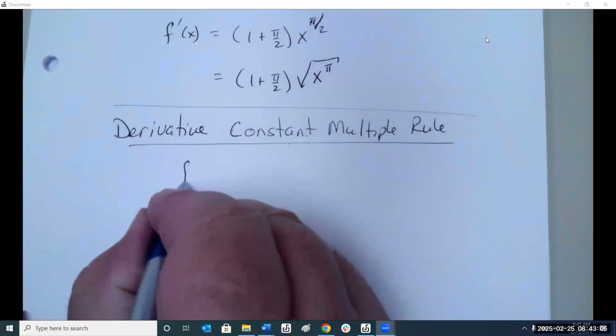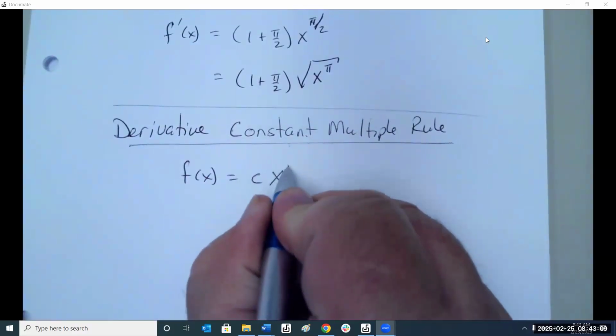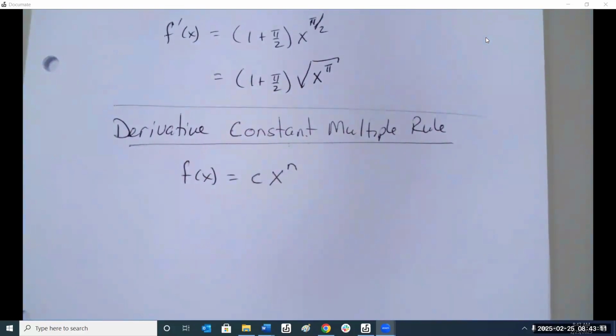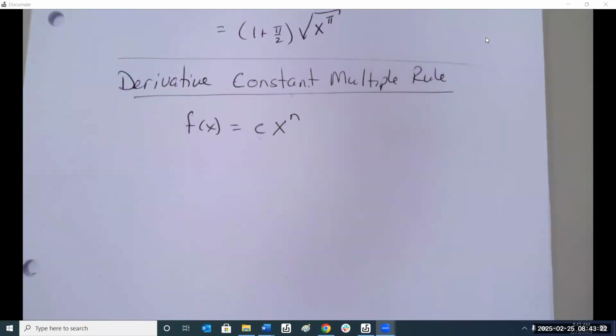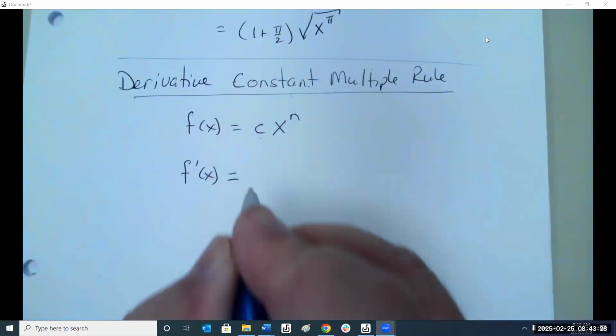Constant multiple rule. What it's saying is I now have a constant that's in front of my x. So what would the derivative of this one be?